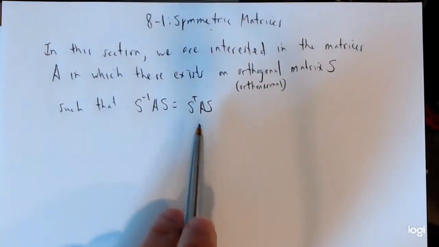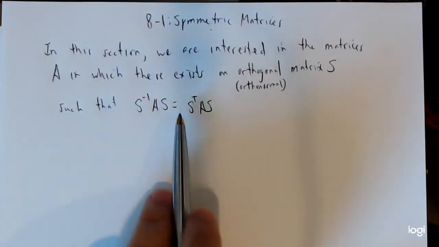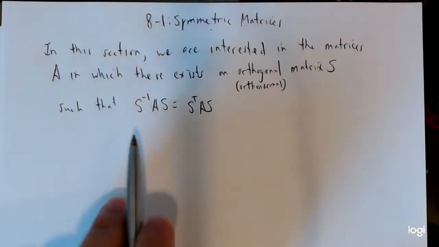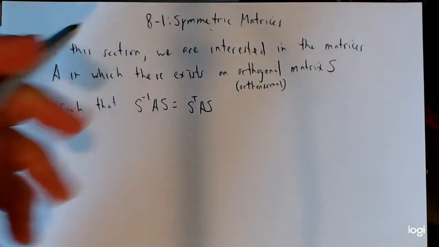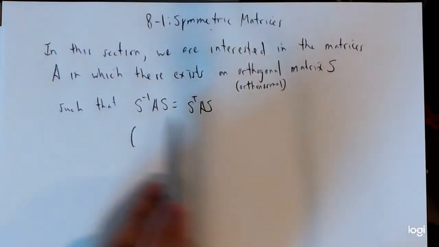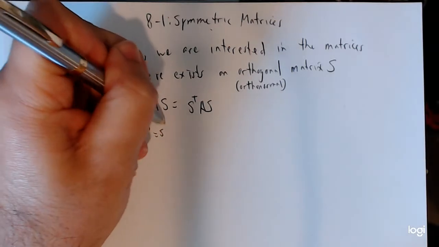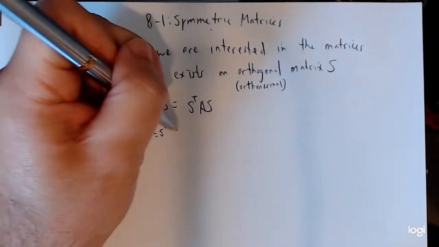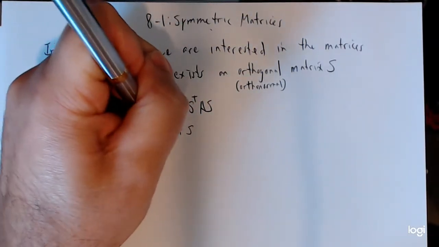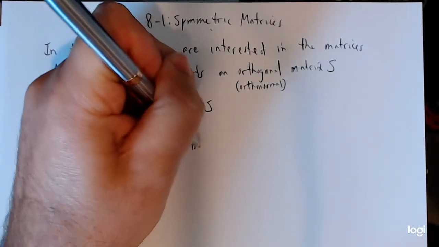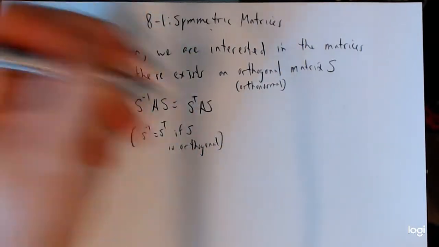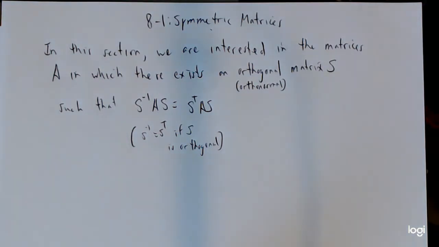And if you remember, in chapter 5 of this book we talked about how, if we have an orthogonal matrix, we know that S inverse equals S transpose, as long as S is orthogonal, right? So we discussed this in chapter 5, so we already know that.